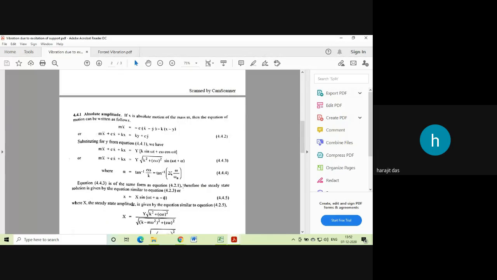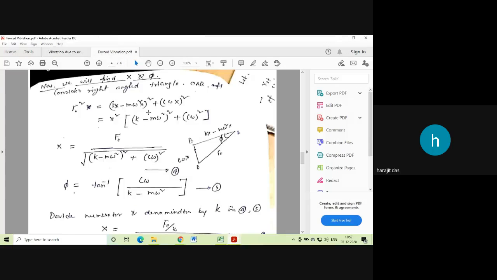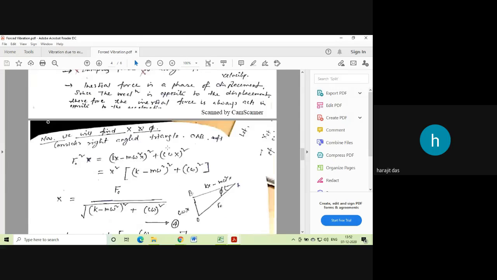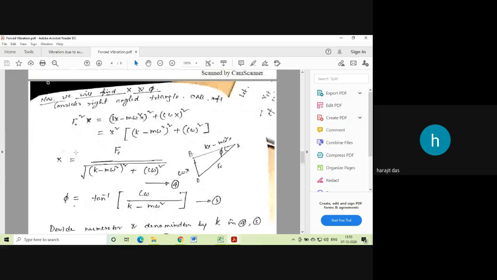Now, what was our steady state solution actually? Our steady state solution was x equals to, in the particular integral type. This was our amplitude, isn't it?